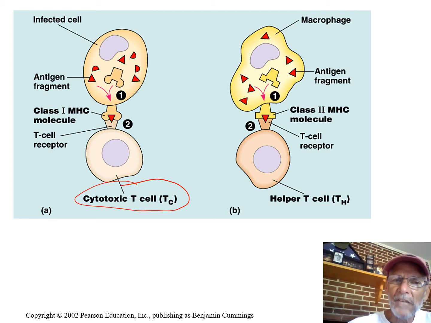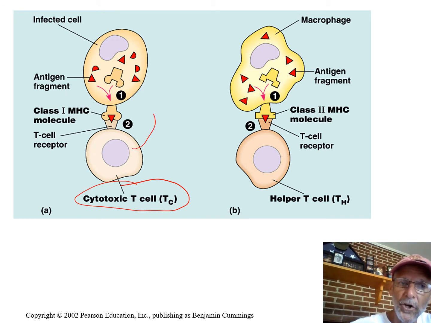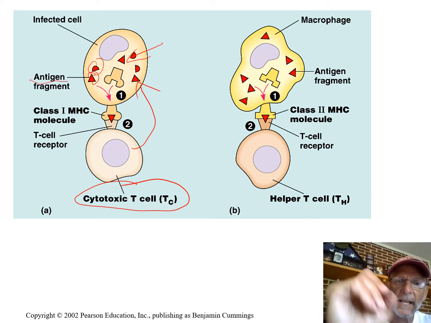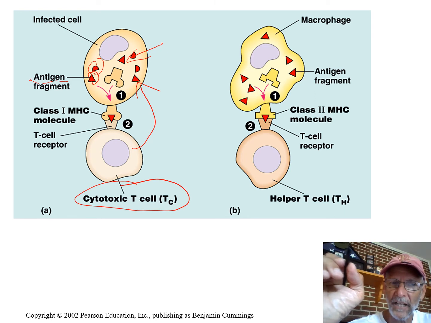So here's what happens for those kinds of T cells that we call cytotoxic. They're like those natural killer cells we saw before, but they're very specific killers. Like the natural killer cells, what they kill are your own cells. This white blood cell is connected to one of your own cells that has been virus infected. The virus is in here, and all these are parts of the virus. Therefore, they can act as antigens that let our immune system recognize the virus.